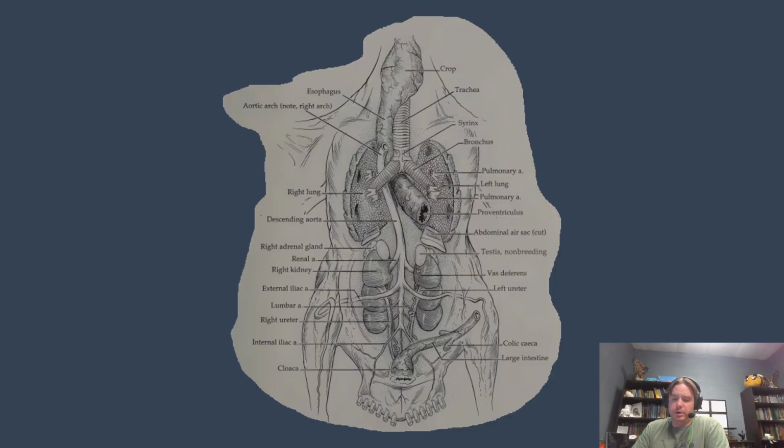It's significant because by not having a bladder, this does something very beneficial for a bird. If you don't have a bladder, you don't have to carry a big sack of water around with you. And when you're flying, that's a lot of extra weight to have to deal with. Birds don't have to worry about carrying all that extra weight.